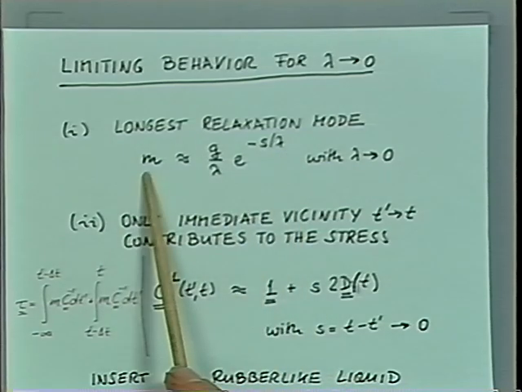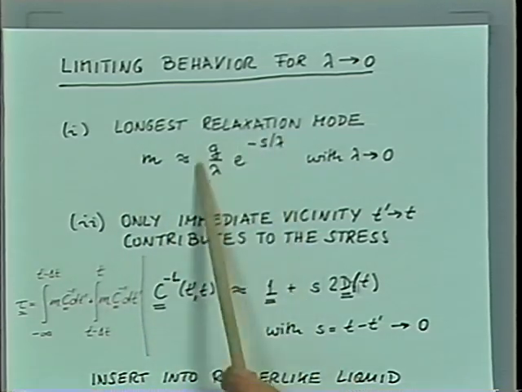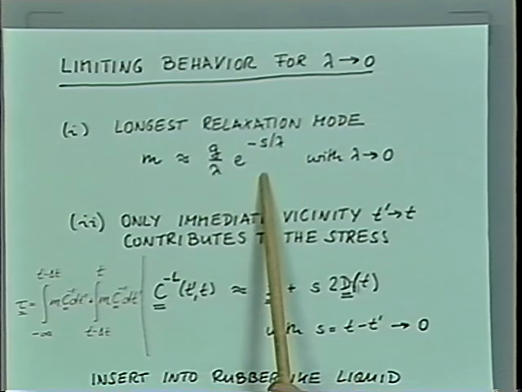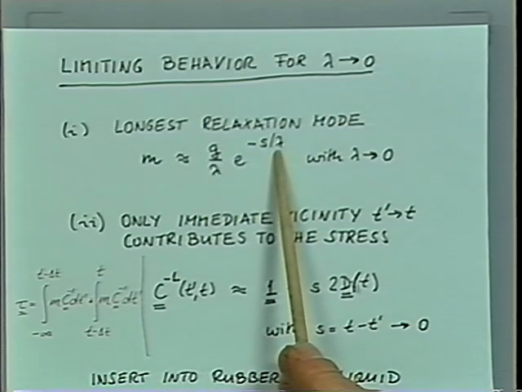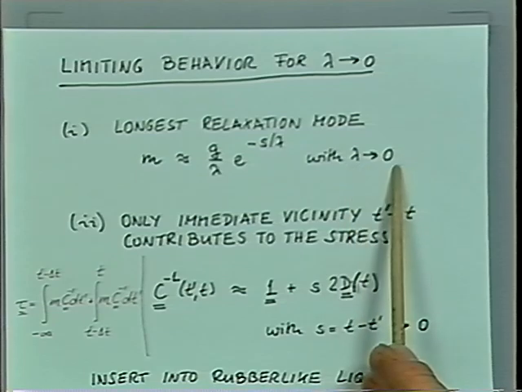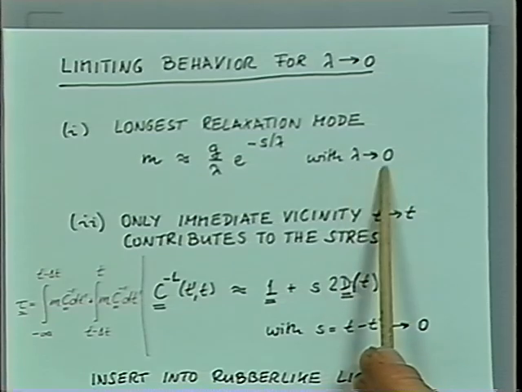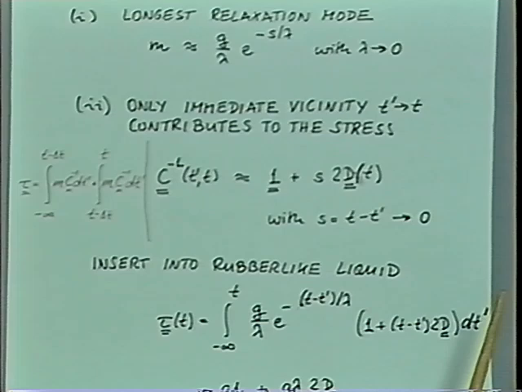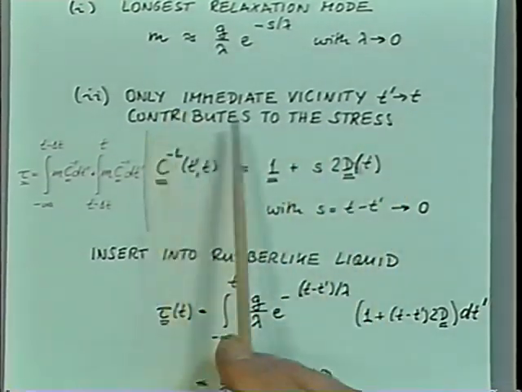We would say the memory function is approximated by the most important mode, and the relaxation time of this mode is said to go to 0, to be very, very small. If the memory is so short, then only the immediate vicinity of t is contributing. Everything further back in the past has been forgotten.